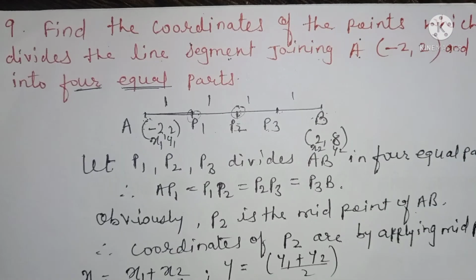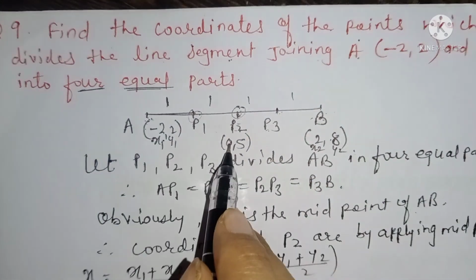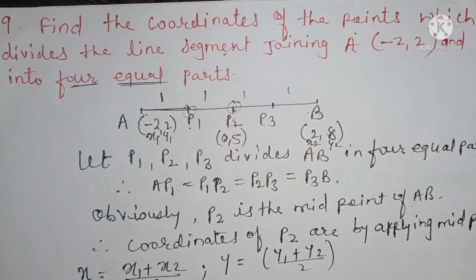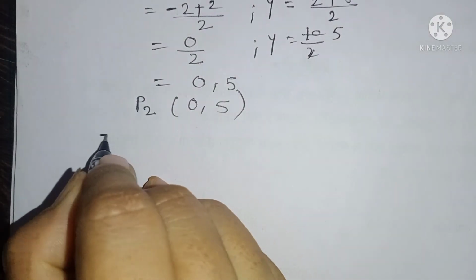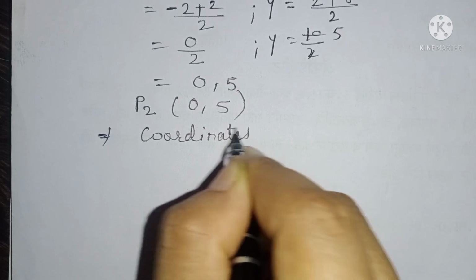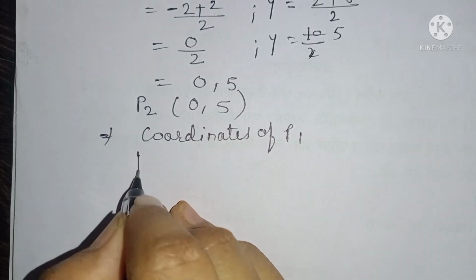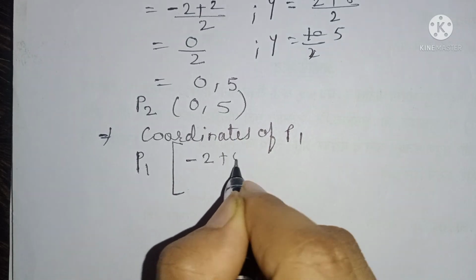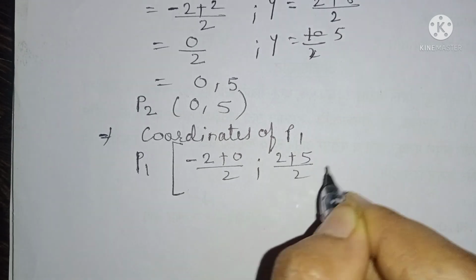Now similarly we can find the coordinates of P1, because we have got the coordinates of P2, which are 0, 5. So applying the midpoint formula again we will get P1. This is x1 y1 and this is x2 y2. How will you find the coordinates of P1? x1 plus x2, that is -2 plus 0 upon 2, and y1 plus y2, 2 plus 5 upon 2.